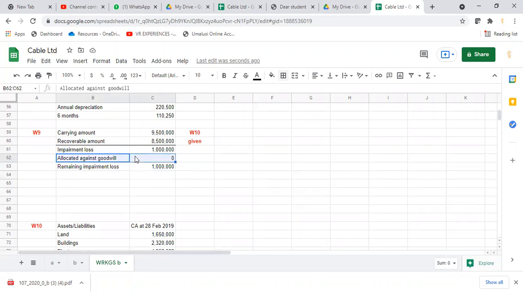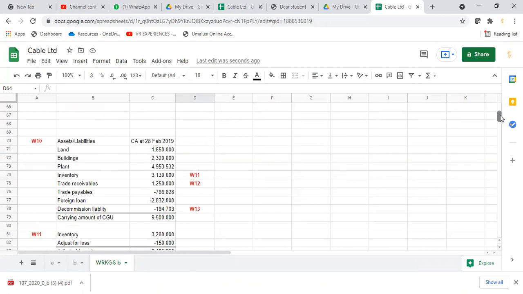I'm only doing it for illustrative purposes in the event that you do get a question with goodwill. So now we're going to have to allocate against the remaining assets. You must allocate the remaining impairment loss to the assets that fall within IAS 36.